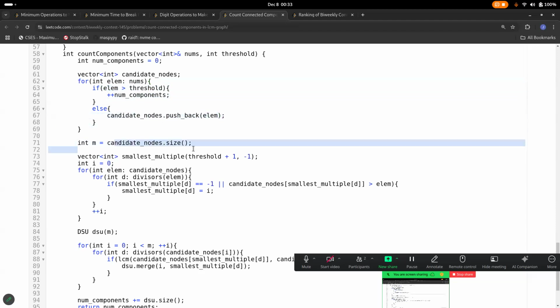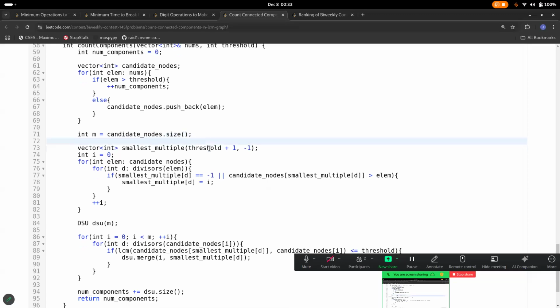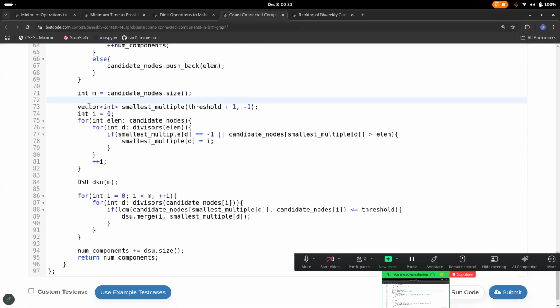Then we once more have this value of m, which is the size of the candidate nodes. And here we maintain this smallest multiple array. What is smallest multiple of x going to indicate? It's going to indicate the index of the smallest multiple of x. And so we start with i equal to 0.